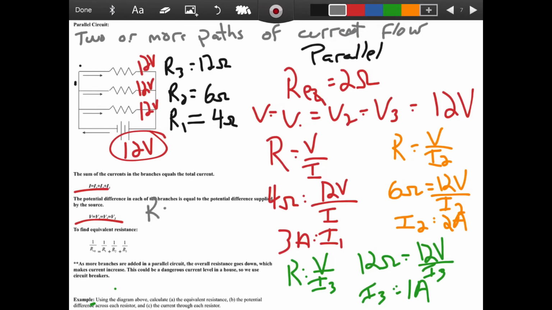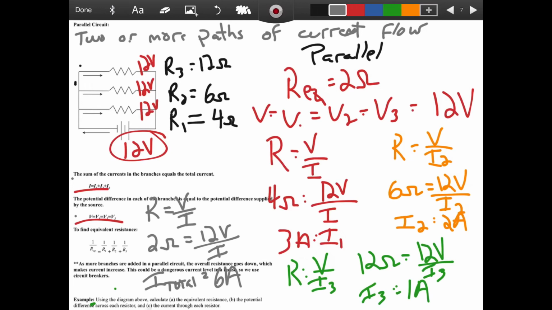What we're going to do is we're just going to check the entire circuit. So if we apply Ohm's law to the whole circuit, we use our equivalent resistance, which we found to be 2 ohms, the potential difference is 12 volts. And I should get a total current, so let's say I total, of doing the math, 6 amps.